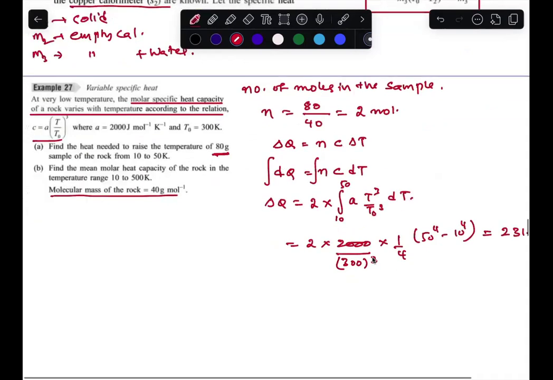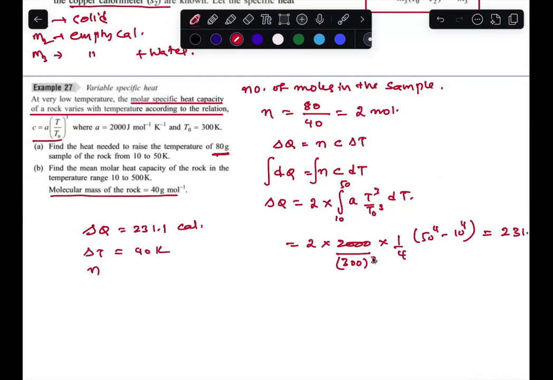Find the mean molar heat capacity. See, instantaneous and mean. What is a mean? Simple. You have now delta Q 231.1 joule and delta T, which is 40 Kelvin. The number of moles is 2.